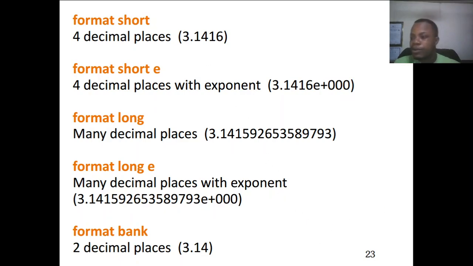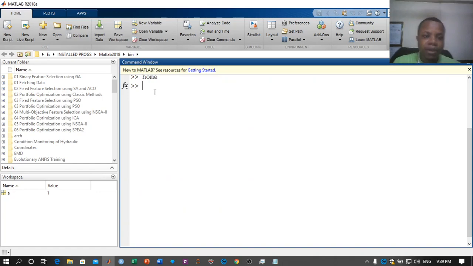So for instance, if I input the function format and I specify short, and I would like to call out the value of a this time, a is 1, and let's say another variable, b is equal to the value of pi, that is 3.142 something something.